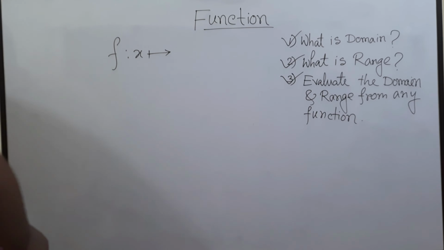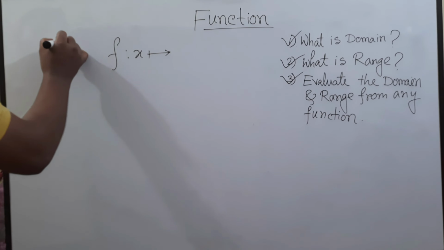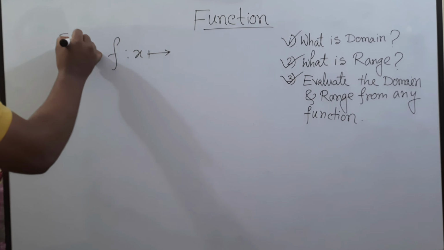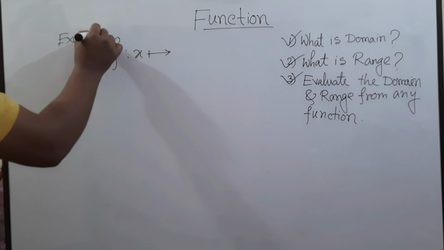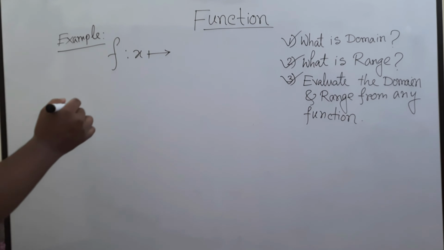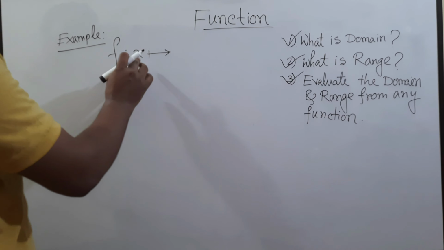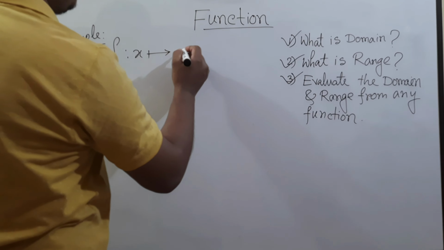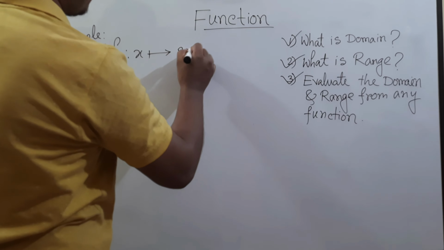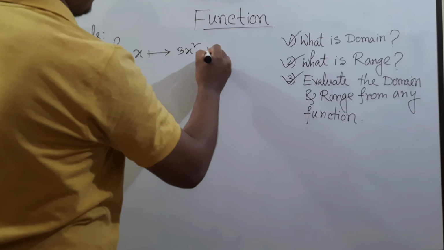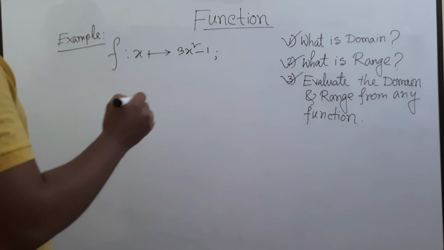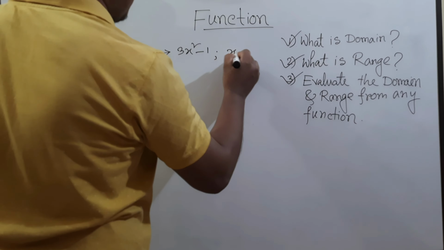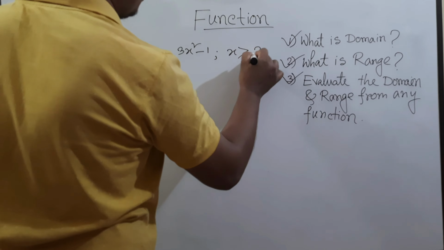Okay, for an example, f is a function such that x maps to 3x squared minus 1, and here the domain is defined, that is x is greater than or equal to 2.